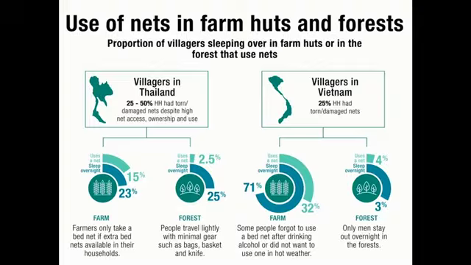In the lower panel here, you can see that there was limited to no use of mosquito nets in farms or forest sites. And this was because families did not have spare nets to take with them to their farm huts, or nets were too cumbersome to carry. Or some of them said they felt it was not possible to use nets in the farm or forest environment.